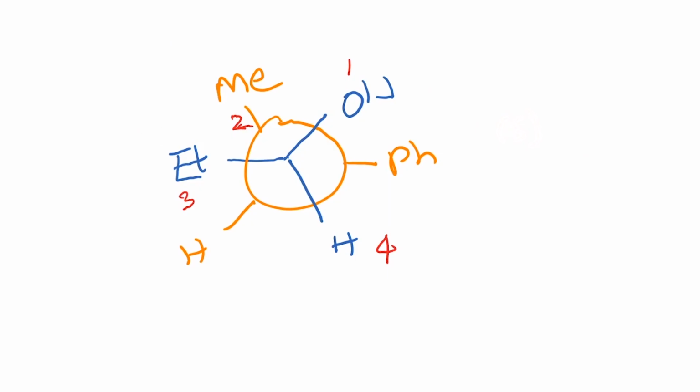But just so that we follow the correct convention that I discussed, let us now assign the stereochemistry. So for this carbon over here, priority number 1 is OH, priority number 2 is the carbon behind, priority number 3 is the ethyl group, and priority number 4 is hydrogen.